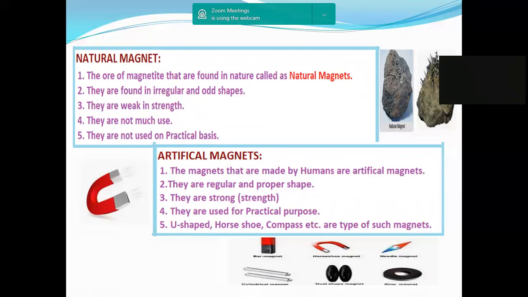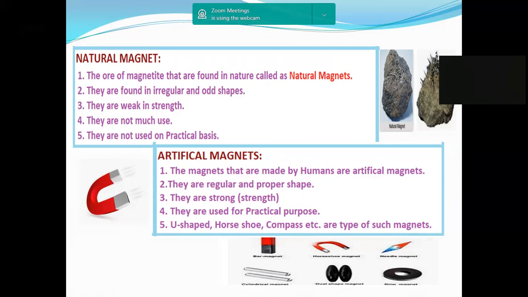It's not smooth. One of the important points to learn about natural magnets is they are very weak in strength. Not so strong means their magnetic power is not so strong. And because they are not so strong, we do not use them for practical purposes.